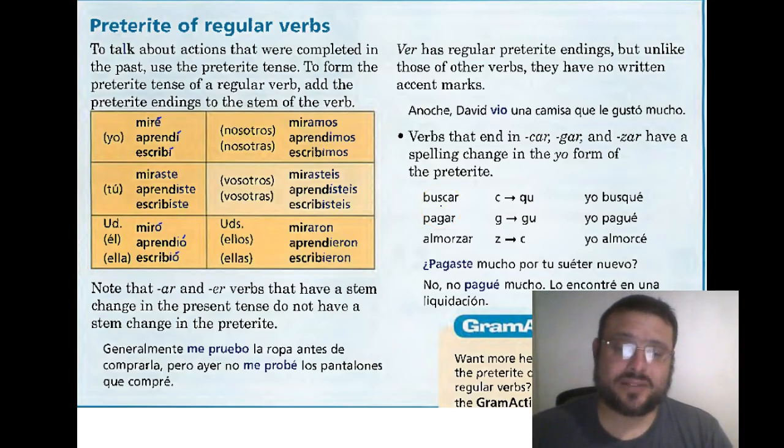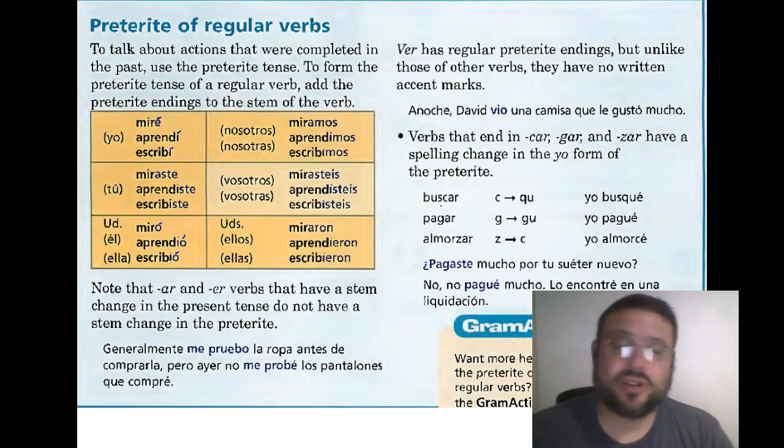The same with pagar. When G is followed by A, O, or U, it's going to have a G sound, but before E or I, it's going to have an H sound. So to do that, you just put a U in there, and it becomes yo pagué. Yo pagué, I paid. Right? So you pronounce it the same way you'd normally pronounce it, but in the spelling it adjusts to preserve the sound because of the letter that comes after.